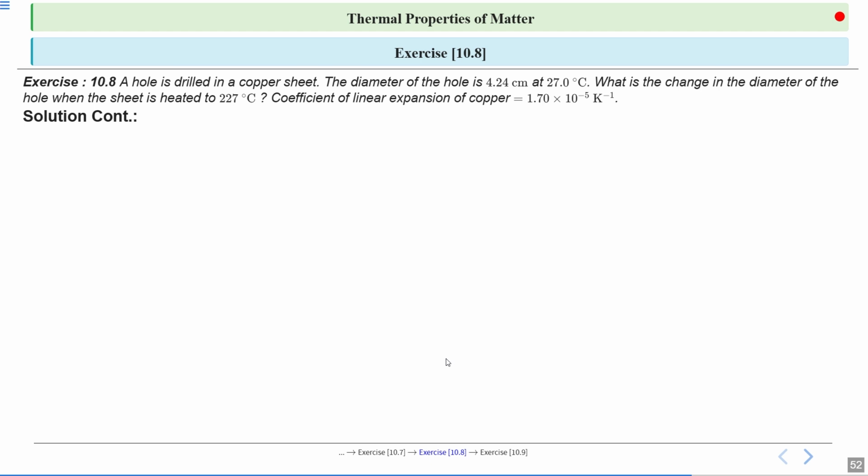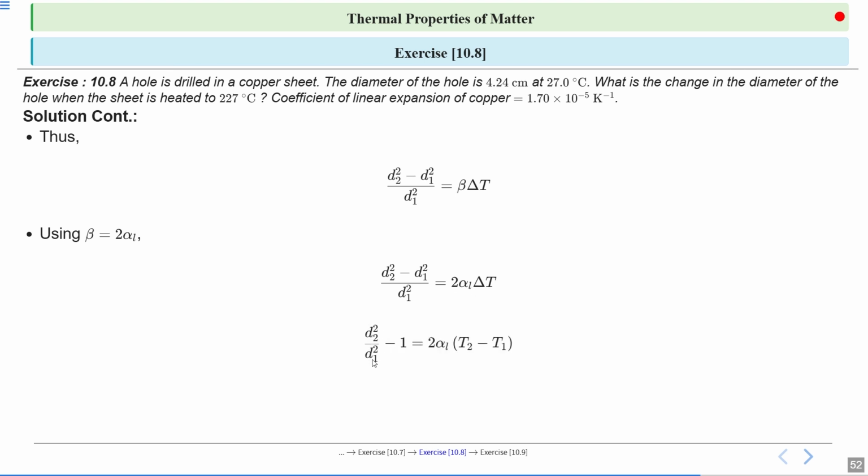Now D2 square minus D1 square divided by D1 square is equal to beta into delta T. Using beta equal to 2 times alpha L, D2 square minus D1 square divided by D1 square is equal to 2 times alpha L into delta T. So it will be D2 square divided by D1 square minus 1 is equal to 2 alpha L into T2 minus T1.